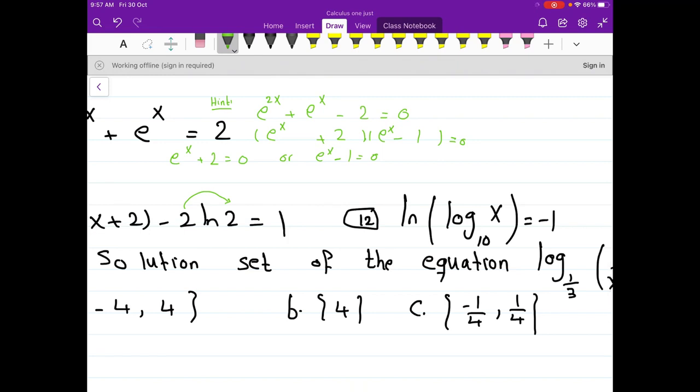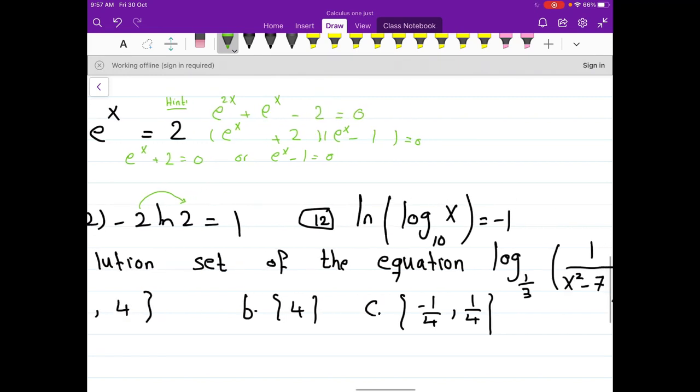ln of log x for the base 10 equals minus 1. This equation is equivalent to, but be careful, x must be positive. This is equivalent to e to the power minus 1 equals log x for the base 10.